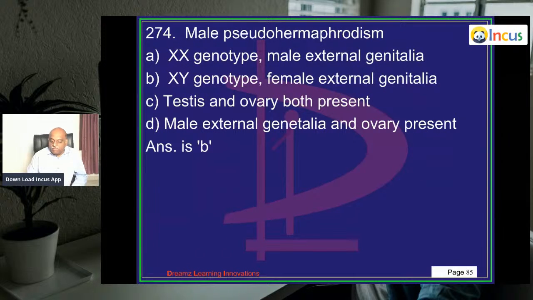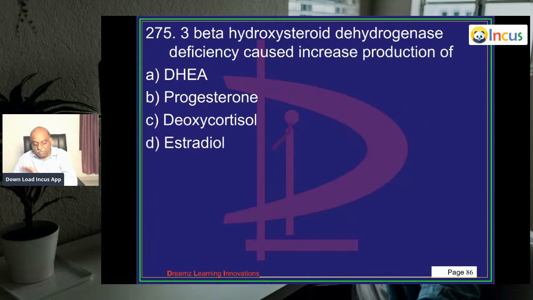Male pseudohermaphroditism, genotype is XY, but phenotype will show female external genitalia. Then you call male or female pseudohermaphroditism depends on genotype. You will call male pseudohermaphroditism if it is XY genotype with female external genitalia. You call female pseudohermaphroditism if it is XX genotype with male external genitalia, is what you should remember.